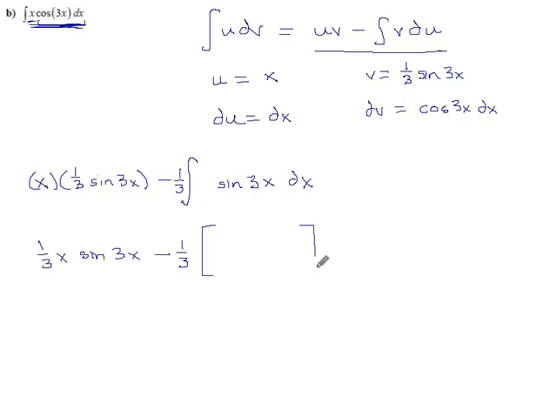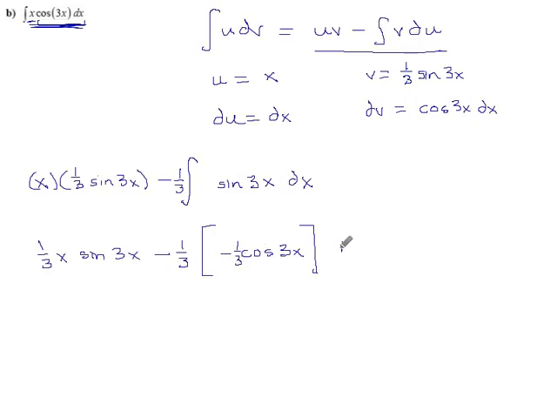And now we have to do the antiderivative of sine 3x dx. Well, the derivative of cosine is negative sine, so the derivative of a negative cosine 3x would give us sine 3x, but then a 3 would pop out from doing the chain rule, so I'm going to need a 1/3 to make up for that. That's our antiderivative.